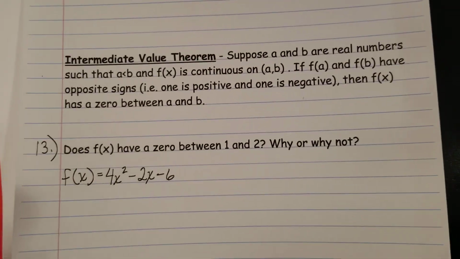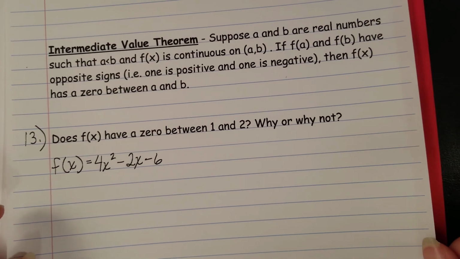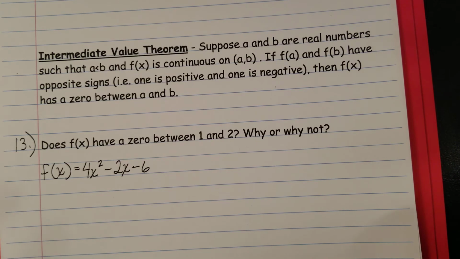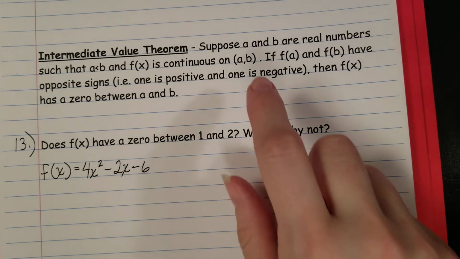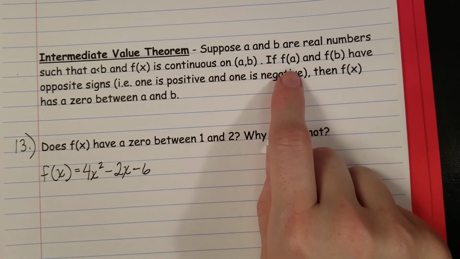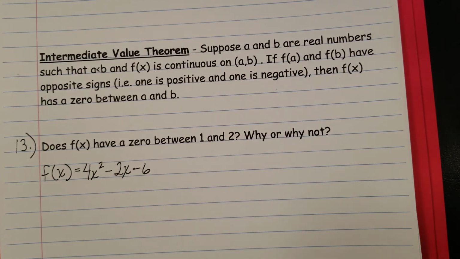And finally, we have the intermediate value theorem. Okay. It says, suppose that a and b are real numbers such that a is less than b and f of x is continuous on the open interval from a to b. If f of a and f of b have opposite signs, so meaning one of them is positive and one of them is negative, then f of x has a 0 between a and b.